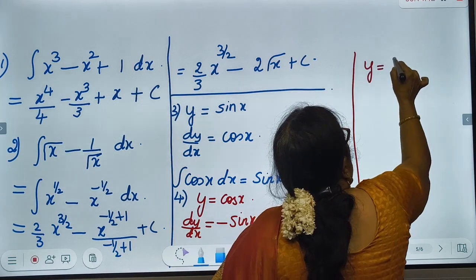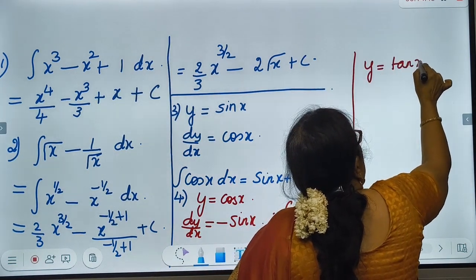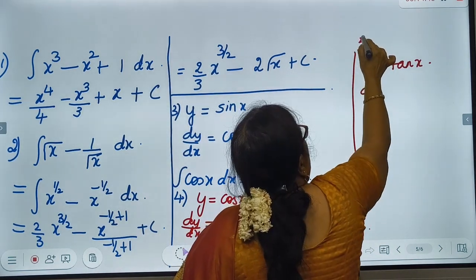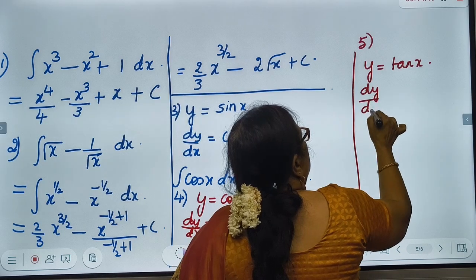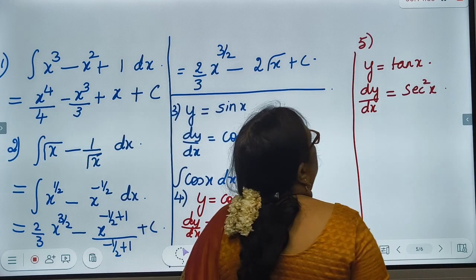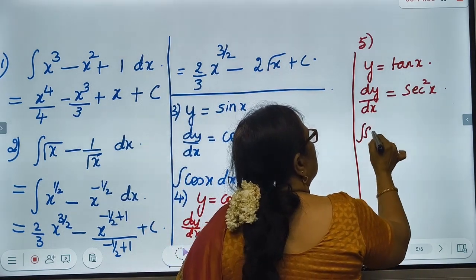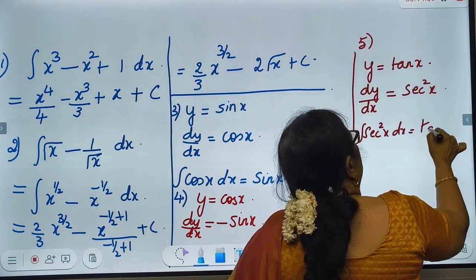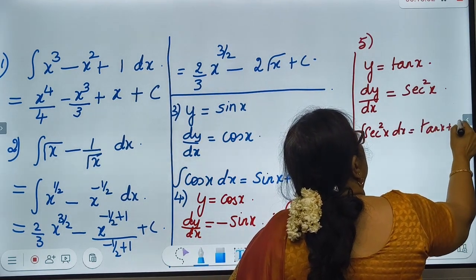If y equals tan x, you know that dy by dx is equal to secant square x. So integral of secant square x dx will be tan x plus c.